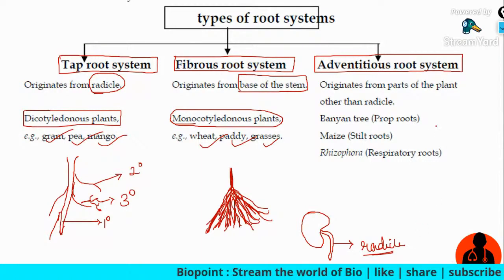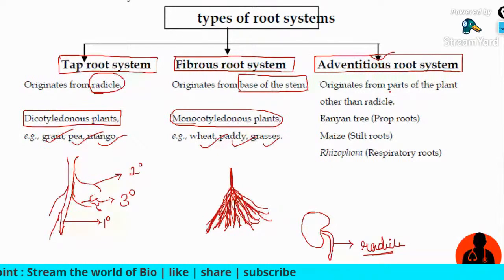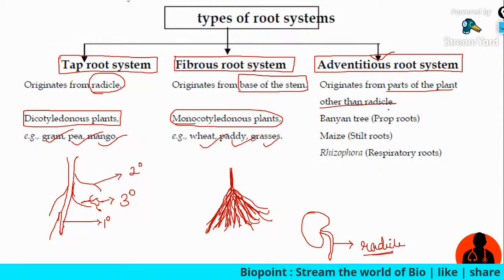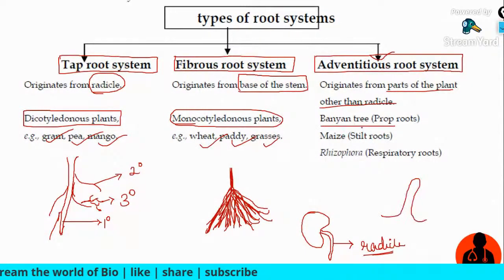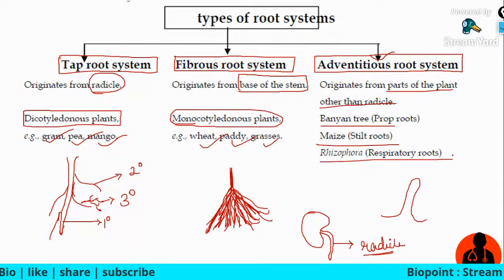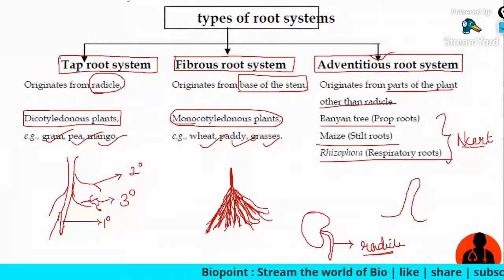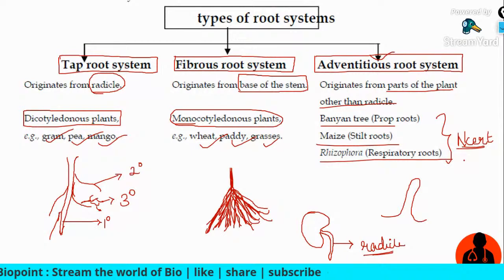But in the case of the adventitious root system, it originates from parts of the plant other than the radicle. For example, you might be familiar with the prop roots in banyan tree, the stilt roots in maize and Rhizophora, and respiratory roots, which arise above the surface. All these are examples given in your NCERT textbook, which need to be learned by heart. So the adventitious root system originates from parts of a plant other than the radicle.